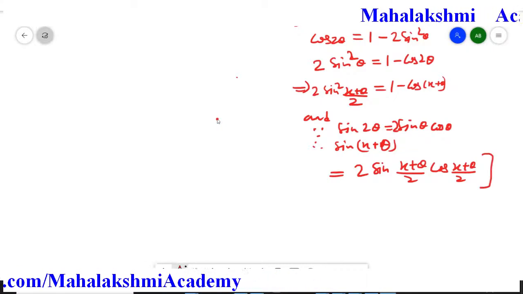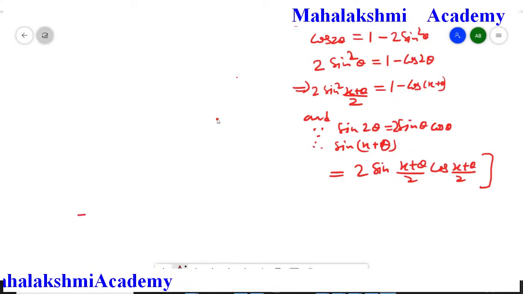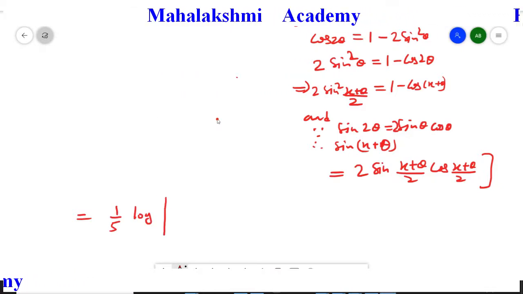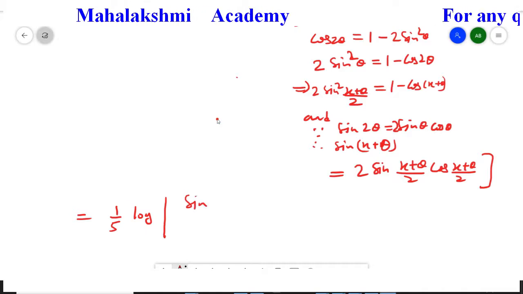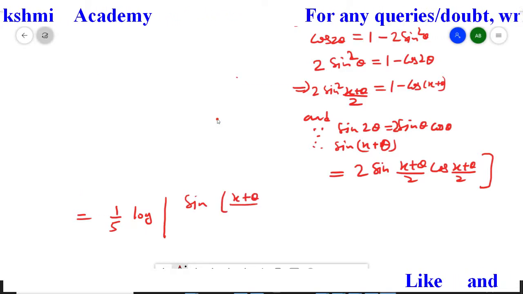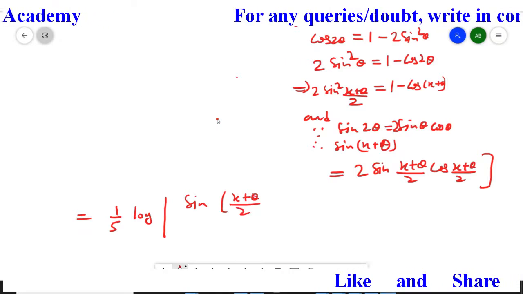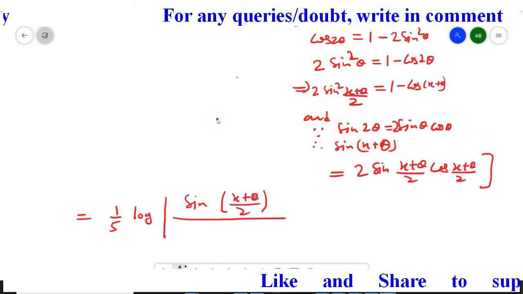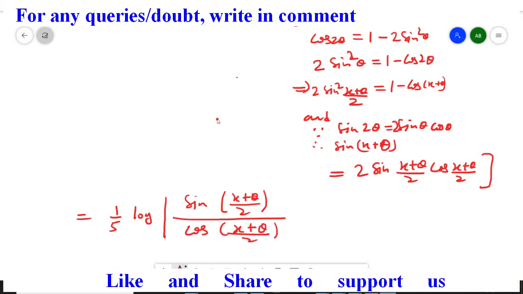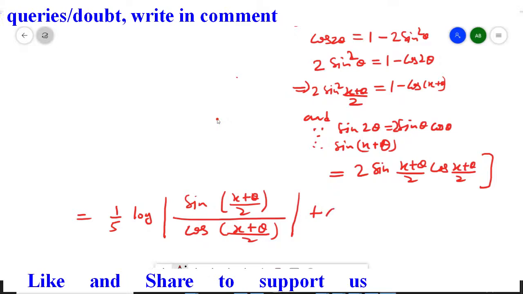So this big bracket is closed. So we will get 1 upon 5 log. In the numerator we remain with sin((x + theta)/2) and in the denominator we remain with cos((x + theta)/2), then mod plus c.